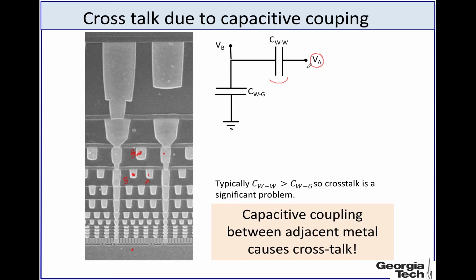If we do a simple capacitive analysis, let's say the amount of charge here is plus Q on this plate and minus Q on this, and again the charge here is plus Q, minus Q. So we can say that VA minus VB is Q over CWW, and VB is simply Q over CWG.